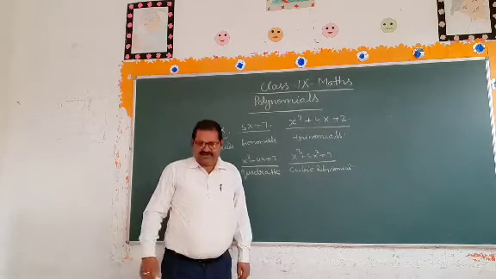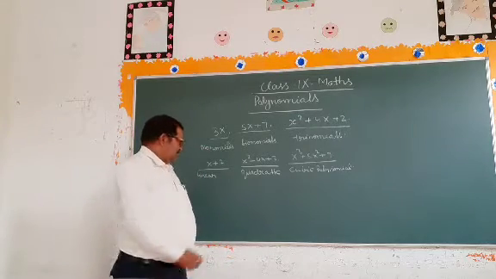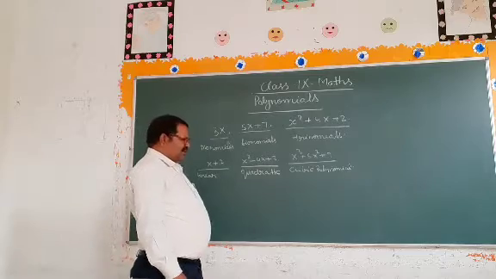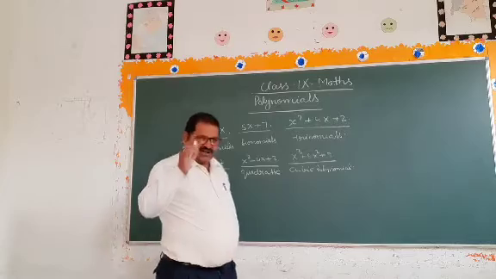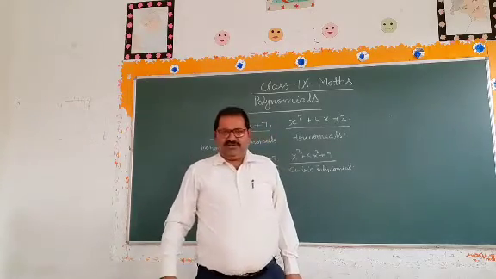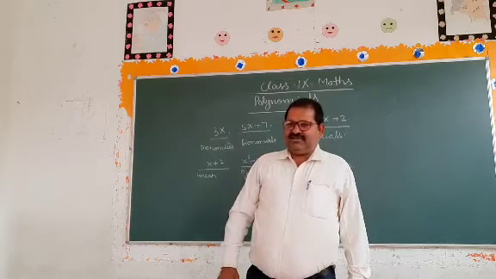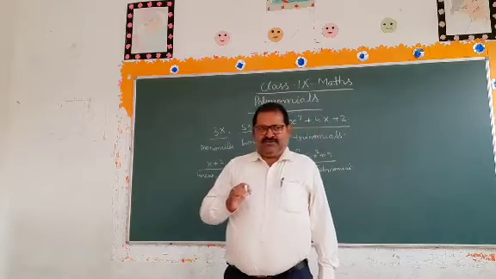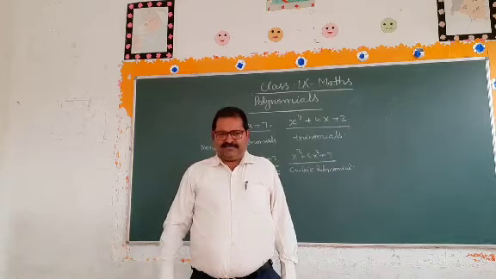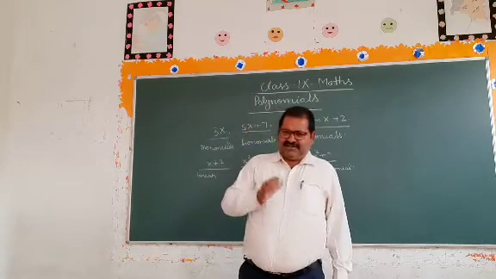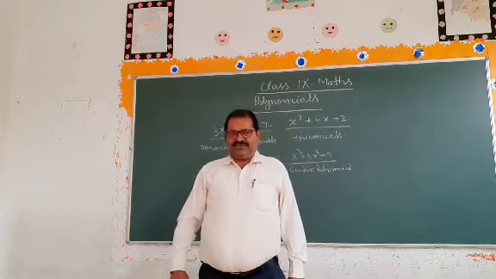Next we define the coefficient. Now we find the coefficient of x, and the coefficient of x square. The constant value related with x, with a negative or a positive sign, is called the coefficient.